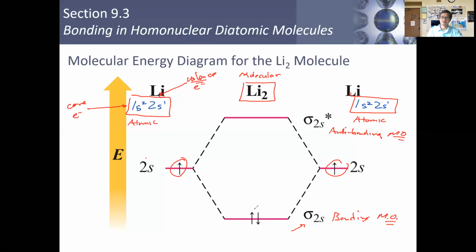This represents the lower of the two. Remember, this is the bonding state that we talked about. Why? Because this molecular orbital is a lower energy state than even the atomic orbitals. When these two lithiums come together, their valence electrons will be at a certain energy level. When they start to come together and form these molecular orbitals, one of those molecular orbitals will be lower in energy than these 2s orbitals.